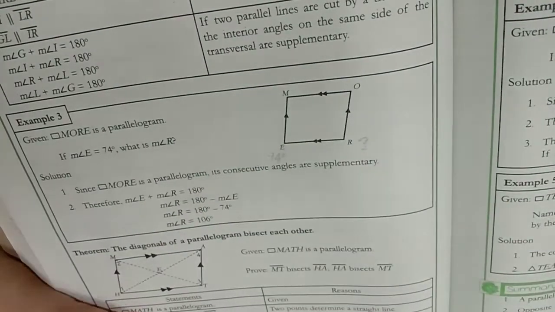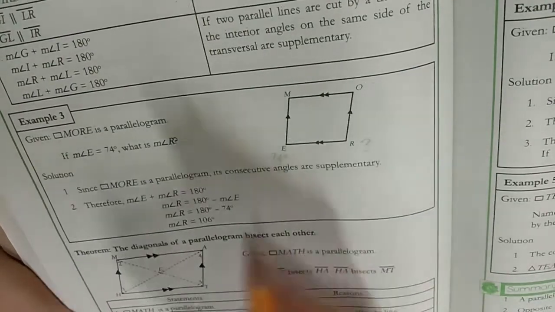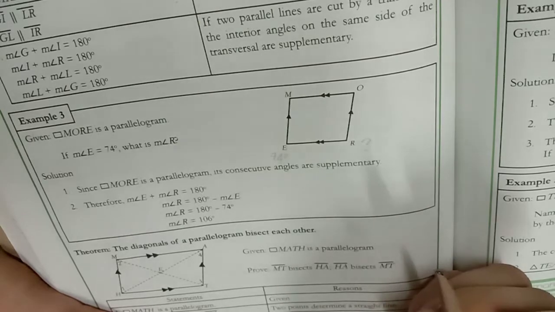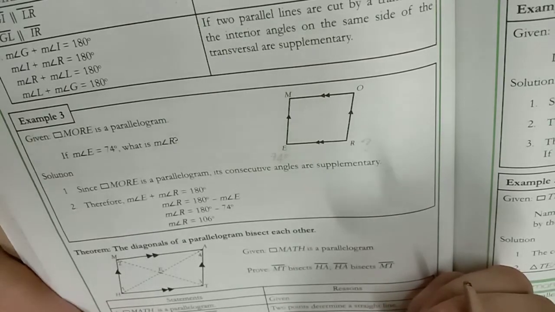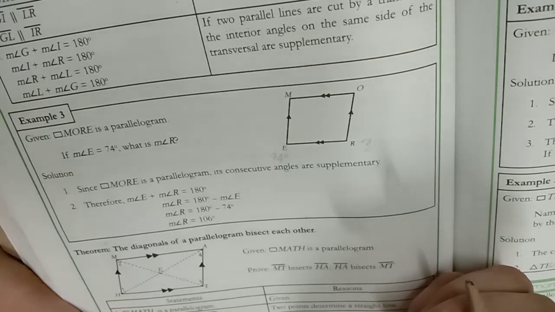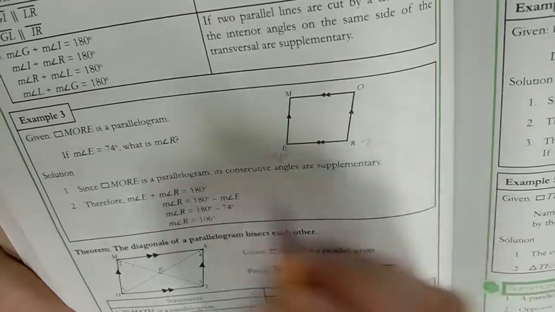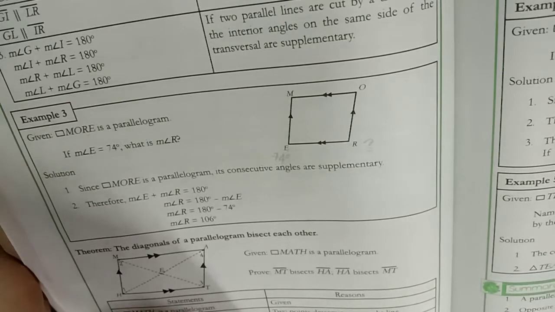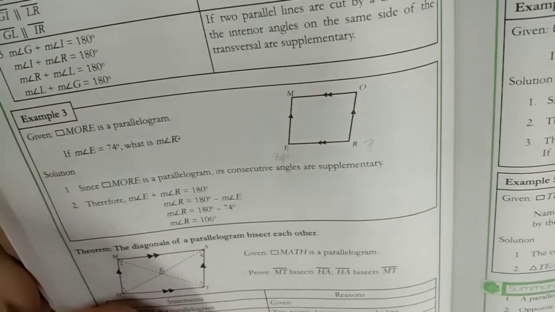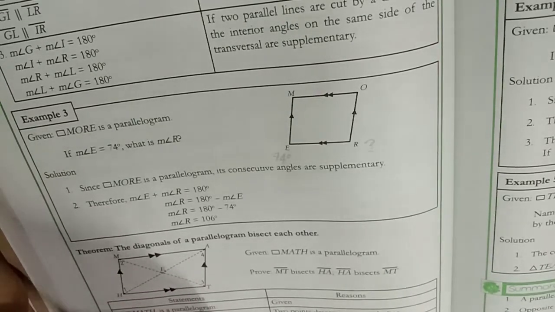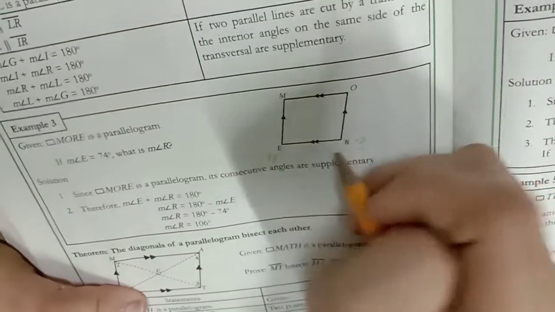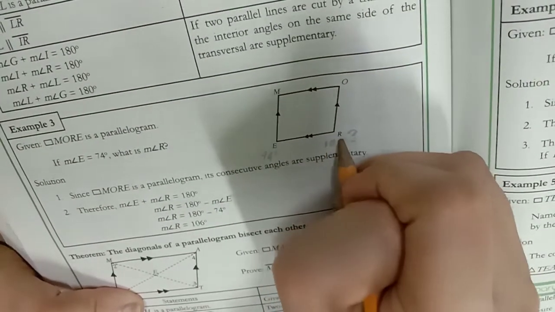So, hinahanap po yung value ni angle R. Since it is supplementary, we can say that 74 plus angle R is equivalent to 180. So, ima-minus lang po natin from 180 si 74. So, 180 minus 74, we get the answer, which is 106. So, therefore, angle R is 106 degree.